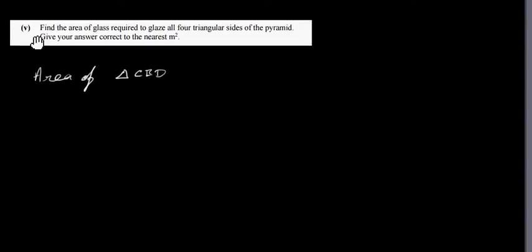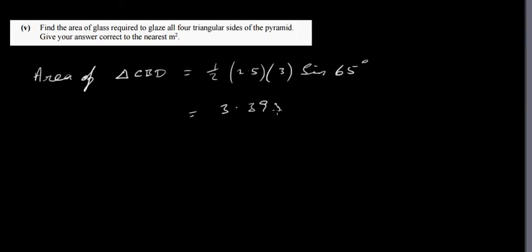So the area is going to be half a, which is 2.5, b, which is 3, and then sine 65 degrees. Again, that's fairly straightforward calculator work. So you just get 3.3987, not centimeters, we're talking about meters here, so it's going to be meters squared. Okay, so I need to double that, but I won't double it yet. I'll do the other one first.